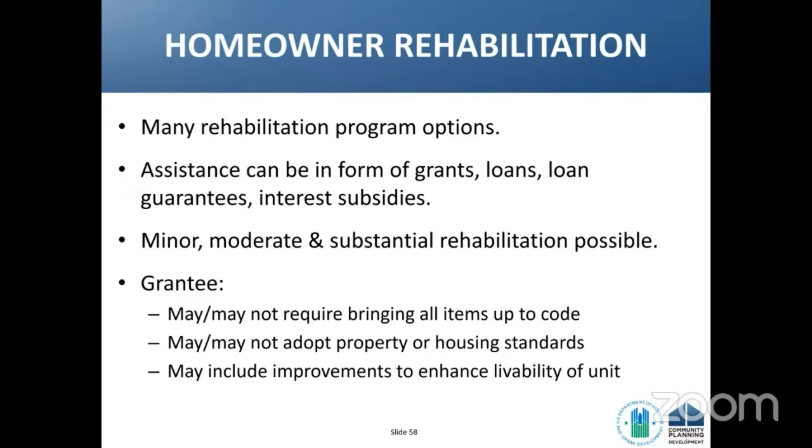I also wanted to point out that CDBG assisted housing rehabilitation does not require compliance with what are called HQS, or housing quality standards, which are part of PIH. Next slide, please.